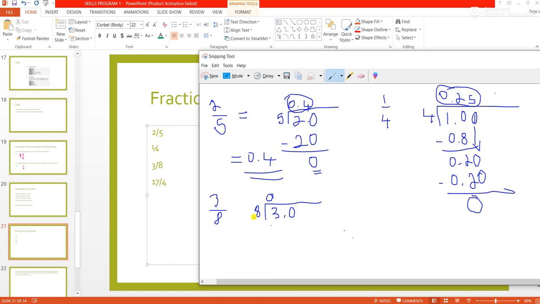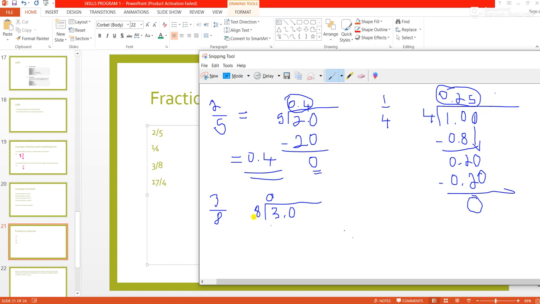What you can do, you can use your calculator in order to solve that. So 8 times 5 gives you 40. 8 times 4 gives you 32. 8 times 3 gives you 24.